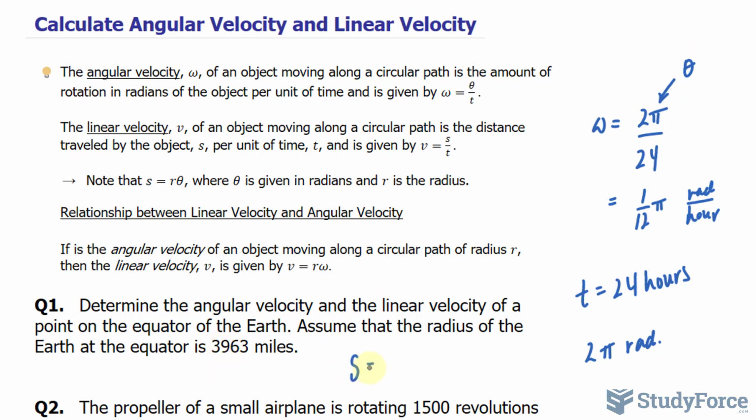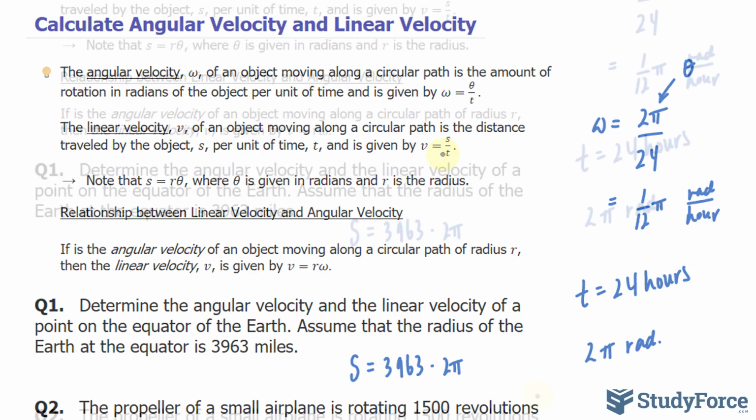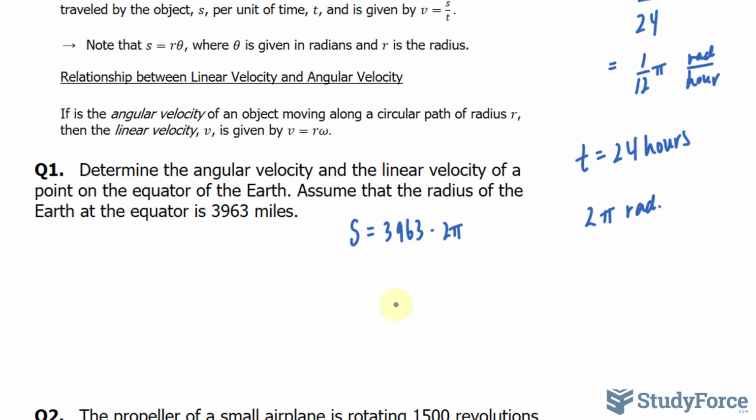So I'll calculate s first as 3,963, our radius, times 2 pi, and we'll take that product and divide it by time t, which is 24. Let me show you the work below. So I have v is equal to 3,963 times 2 pi over t, which is 24.